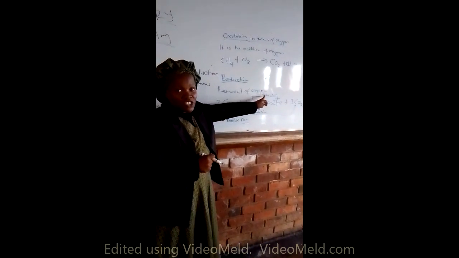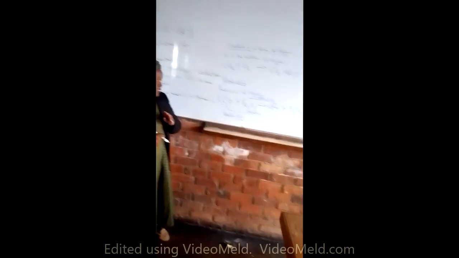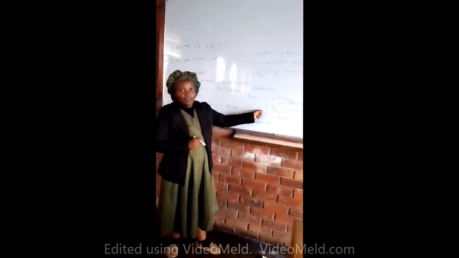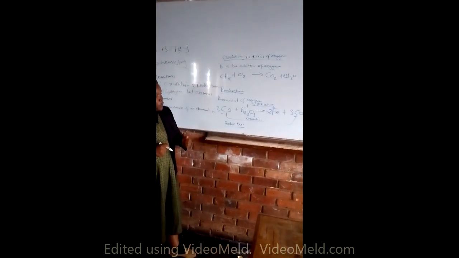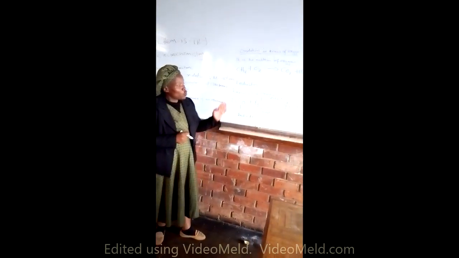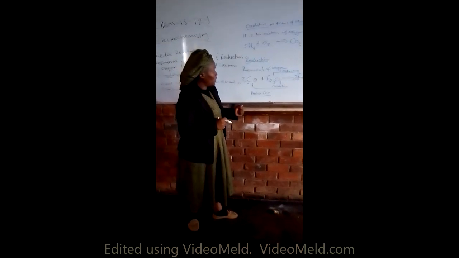Oxidation and reduction are taking place simultaneously. That is what a redox reaction is, as demonstrated in that reaction, which shows the reduction of iron 3 oxide in order to obtain the metal iron.